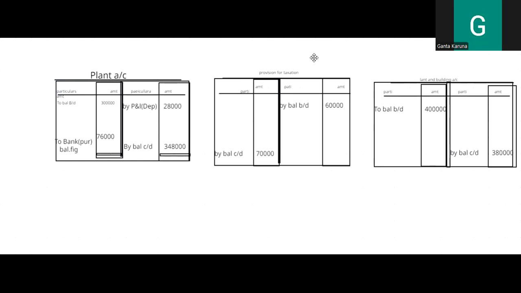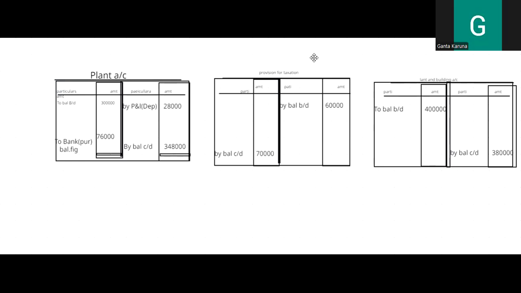So he didn't mention the amount, but I can see there is a difference between opening and closing. I had actually a value of land of 4 lakhs, but it has reduced. Usually whenever the balancing figure is coming on the credit side, if it is reducing on this side, then you will be taking it as a purchase. It's a default.